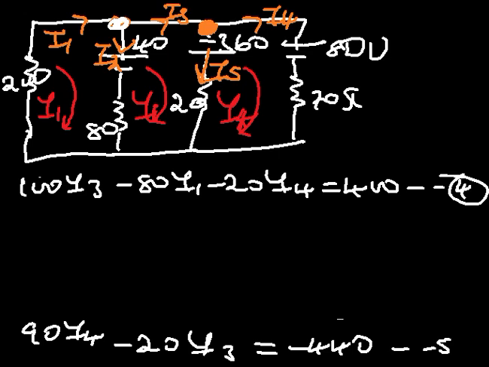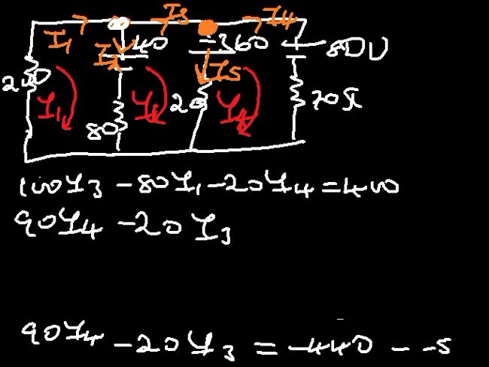In this case we have this equation, 90 I4 minus 20 I3, which is equal to negative 44.